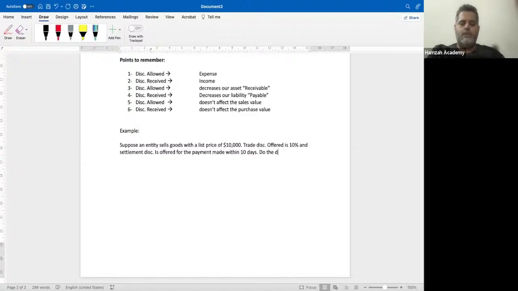Do the double entries assuming the discount will be taken, right? So what we have to do over here is assume that the discount is going to be taken, and pass the double entries. Now, how are we going to do that?